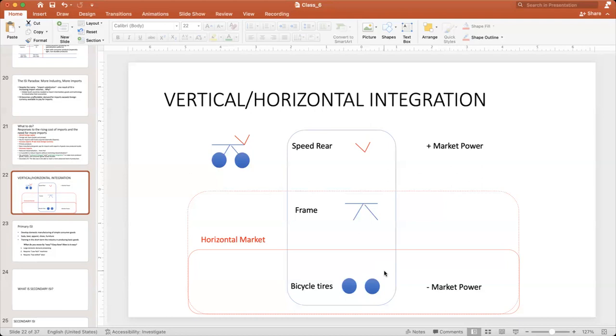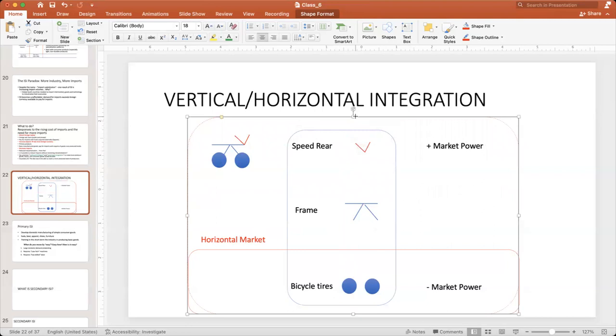But we can close one segment of the market, and then in the future we can close the frame and all the similar products that could be produced with the same technology and the same skill in the labor. And then in the future, we can also close the whole market to produce the whole bicycle domestically, but also all the similar products.